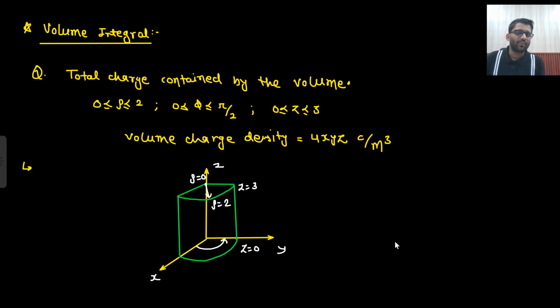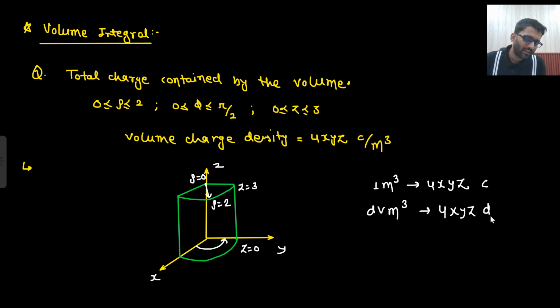So what did you understand by volume charge density? That in 1 meter cube, 4xyz, this much Coulomb charge is there. So in dV meter cube, how much charge will be there? 4xyz dV Coulomb charge is there. Say yes or no. In 1 meter cube this much charge is there, in dV meter cube this much charge is there.